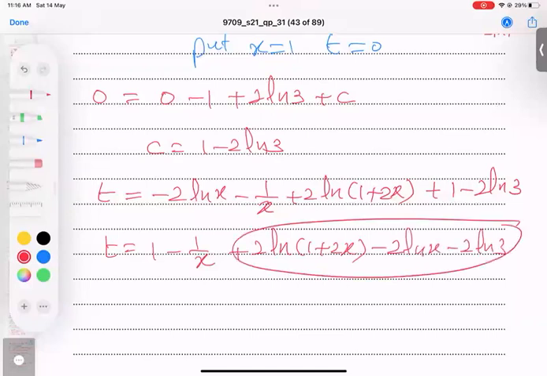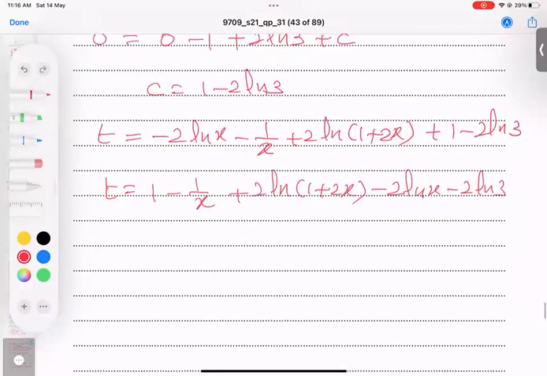I wrote all logarithm terms together, and the terms without logarithm together. Here positive, here negative, here negative. But you can see that 2, 2, 2 common out. When I take 2 common out, in the bracket: logarithm of 1 plus 2x minus logarithm of x minus logarithm of 3.